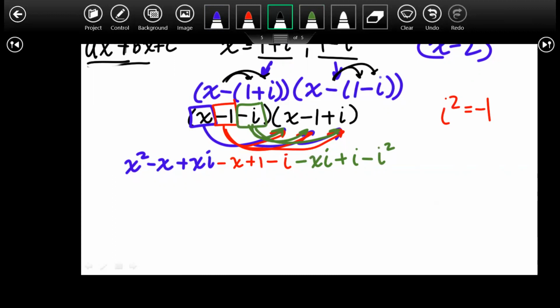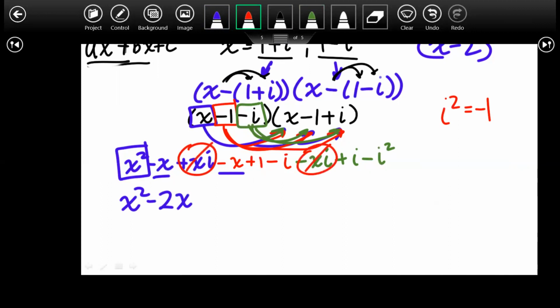In this case, we're going to combine like terms. We have x squared as the first one, which doesn't change. We have our negative x and our negative x, which gives me negative 2x. Our plus xi minus xi go away. Our minus i and our plus i go away. So when we simplify this out, we're going to get plus 1.